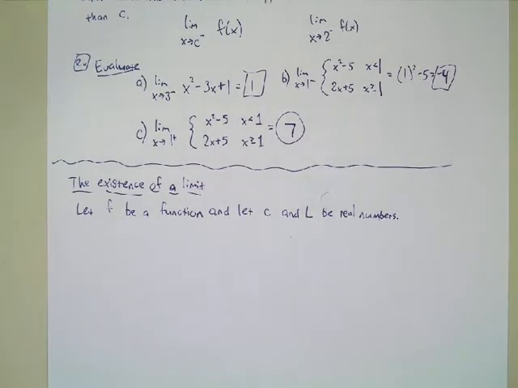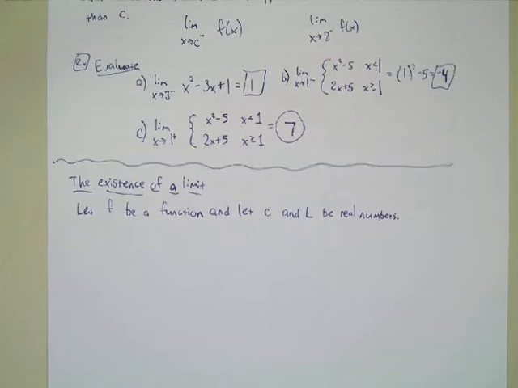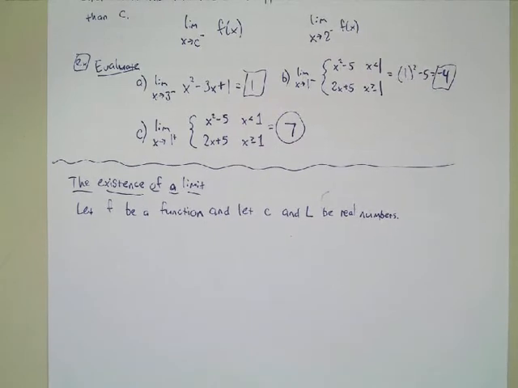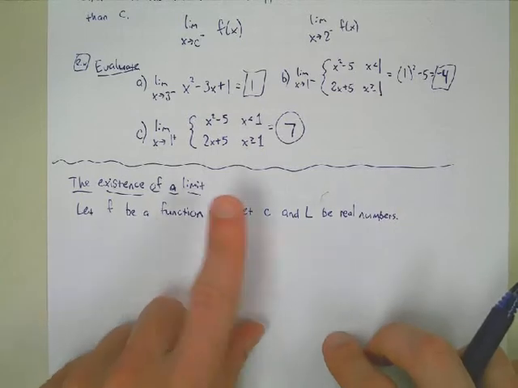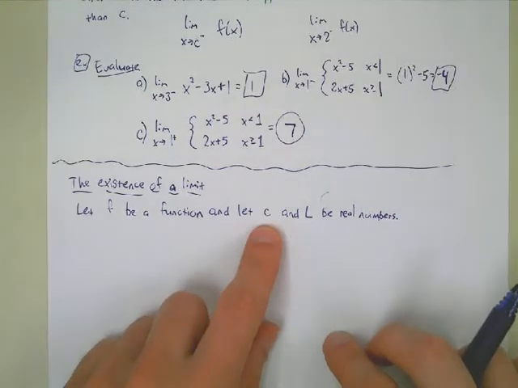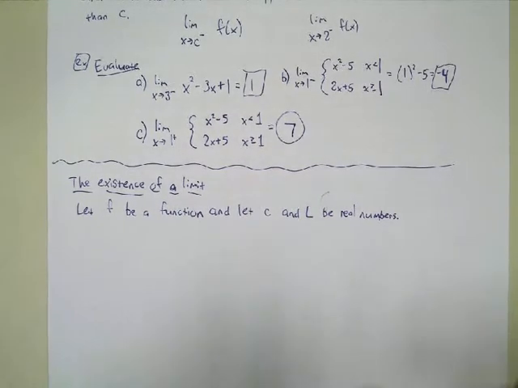C is the generic variable that we use in calculus for just a number. And capital L is our generic letter we use when we're talking about a limit, like what a limit approaches, the answer to a limit problem. So that's basically what we're setting up here. We're going to be talking about a function where x is approaching c, and it's going to be equal to some limit.